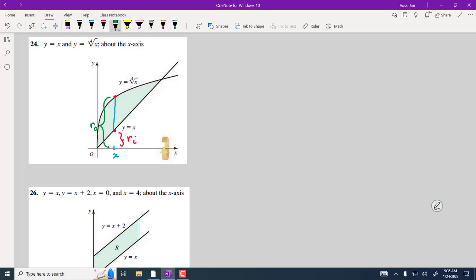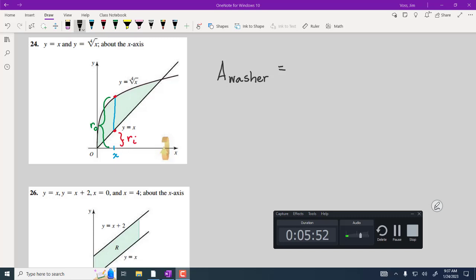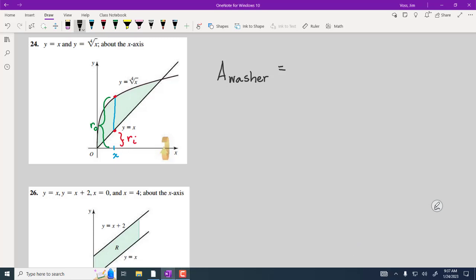So then we are going to use our geometric formula for the area of a washer. Last class we were using the area of a disk, and now we're going to use the area of a washer. The area of a washer is pi times the outer radius squared minus the inner radius squared.